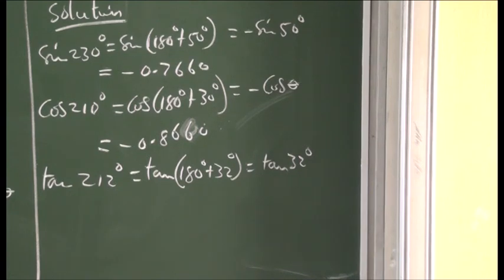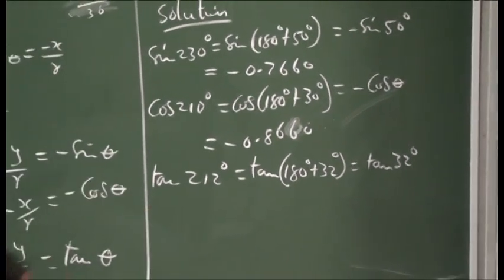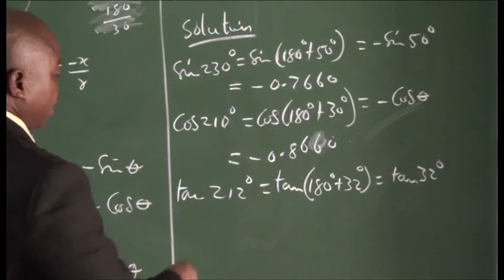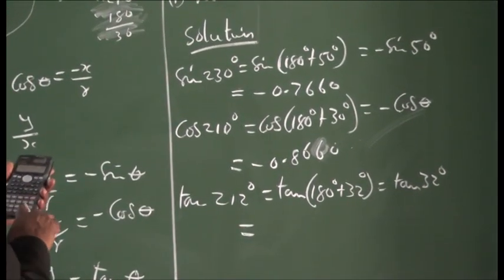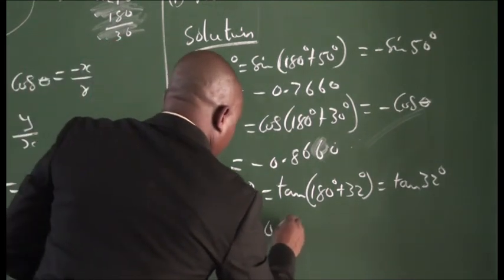In that quadrant, tan is positive, so tan 32 degrees. And the numerical value of tan 32 degrees is 0.6249.